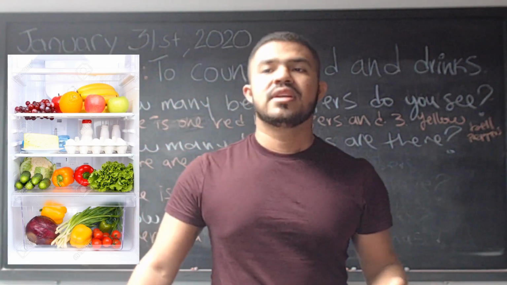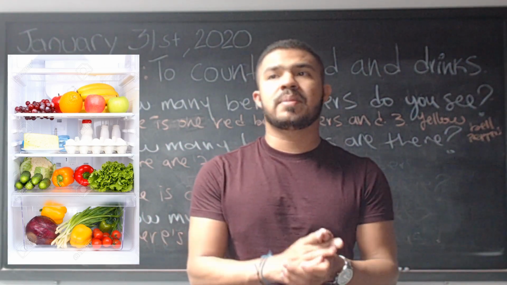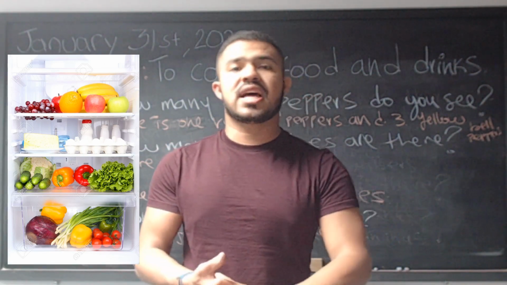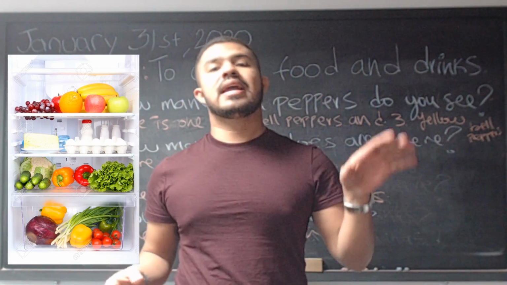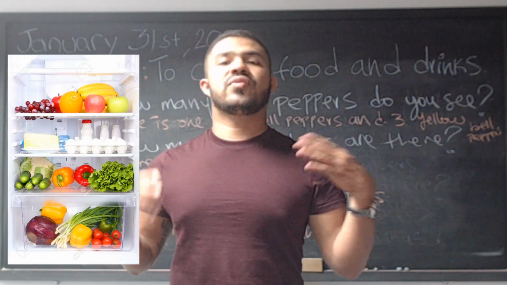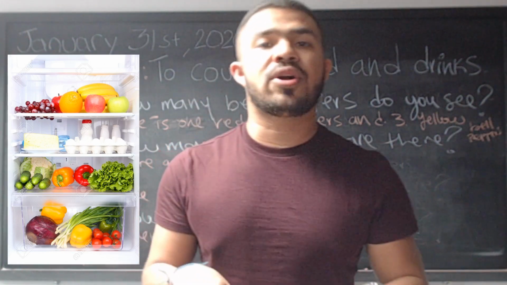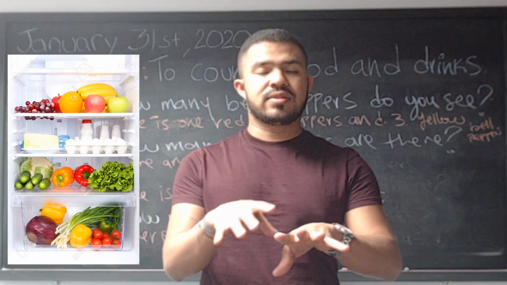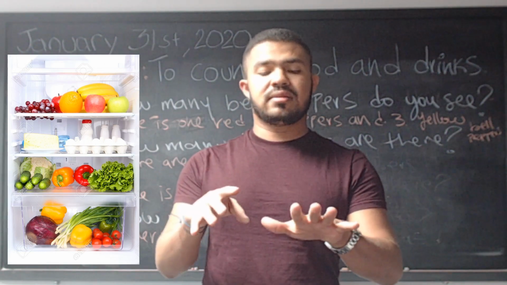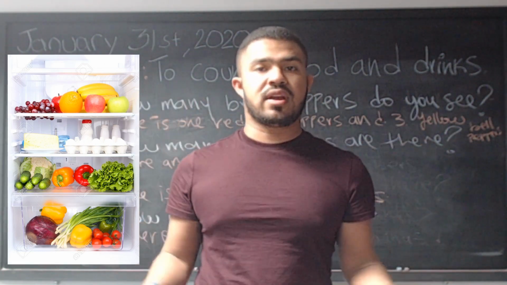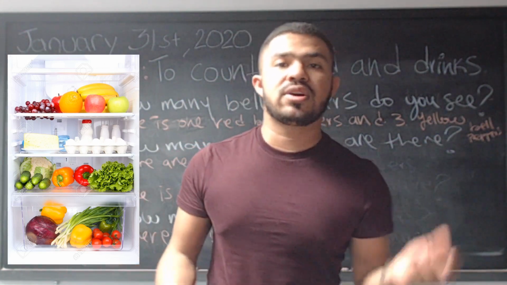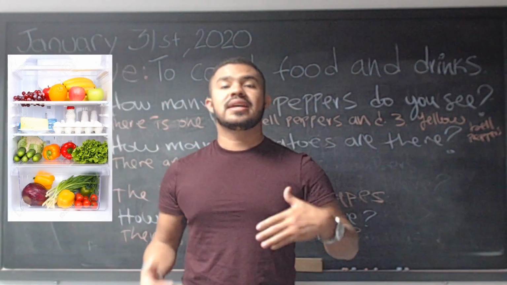Okay, Benjamin? So guys, I think we're going to finish and close up the class. Remember, for today's class we learned about countable and uncountable nouns. Countable nouns are those we can count with our fingers: 1, 2, 3, whatever. Uncountable nouns are those we can't count.